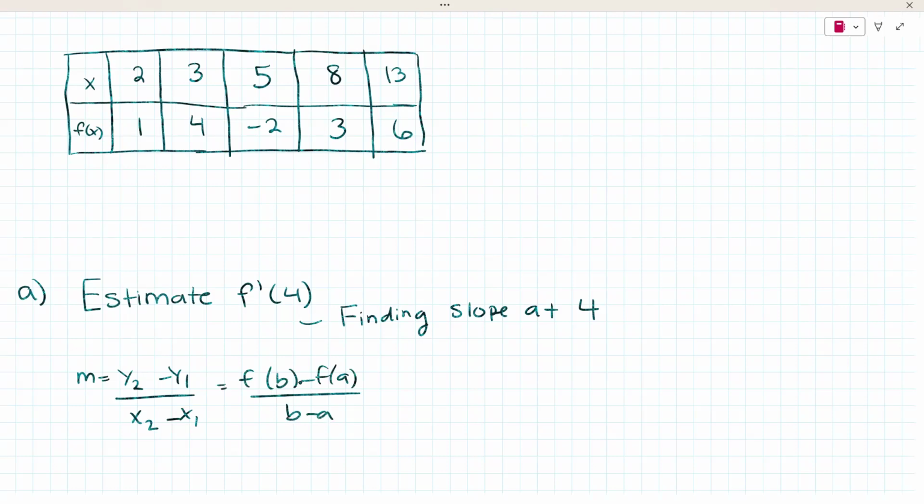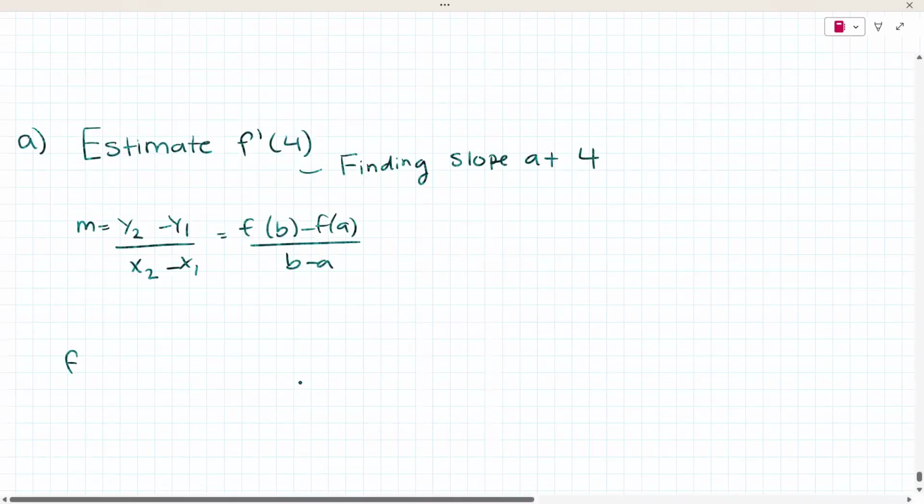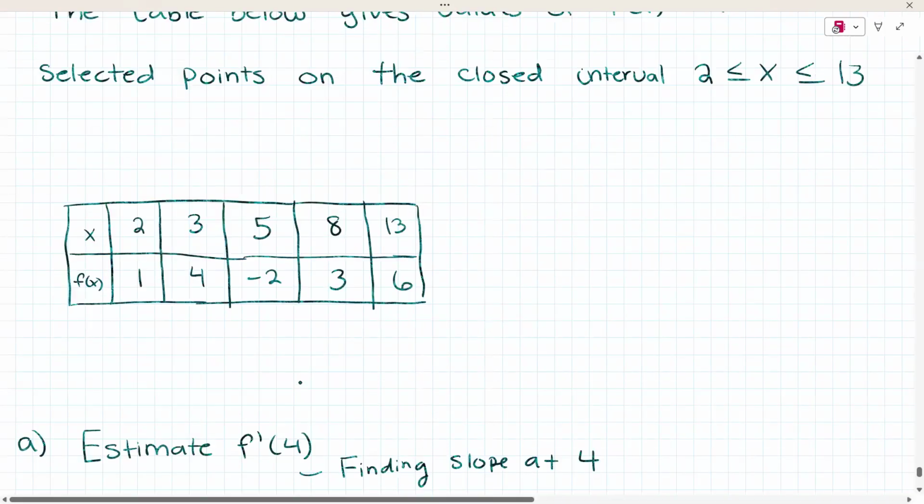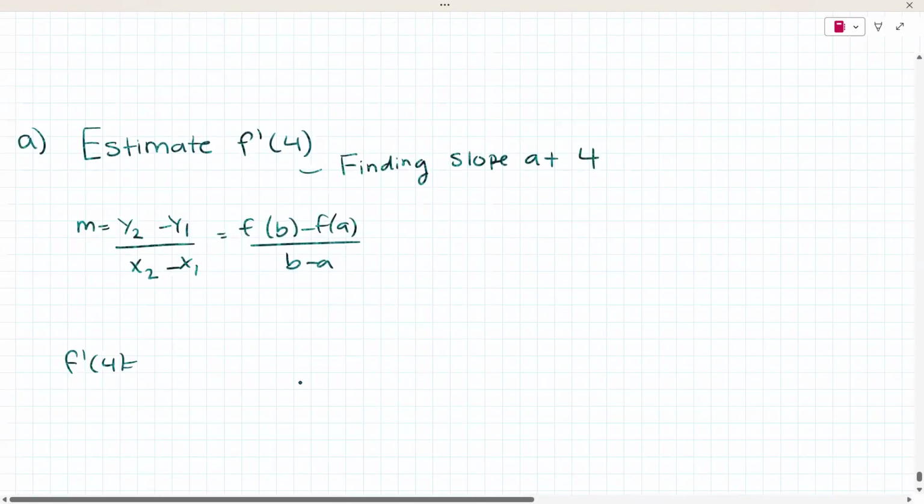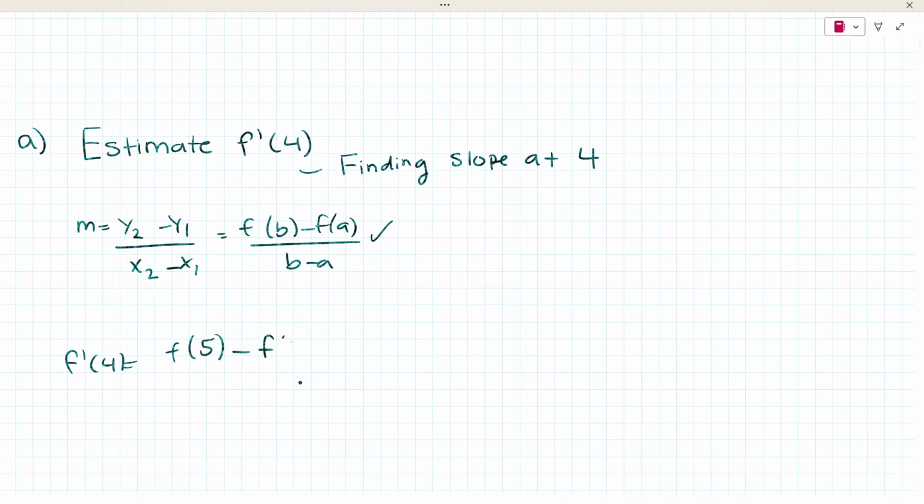So f prime of 4, if you estimate it... So where is 4? 4 is between 3 and 5, right? So you could do this formula. It's going to be f of 5 minus f of 3 all over b minus a, so that's 5 minus 3.